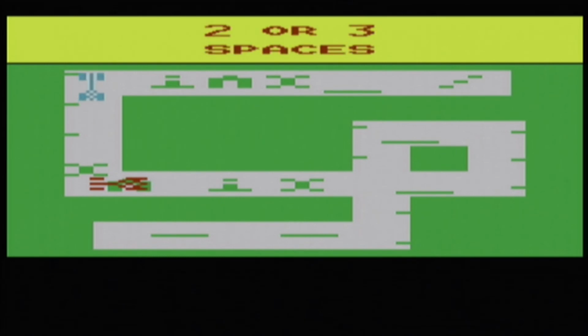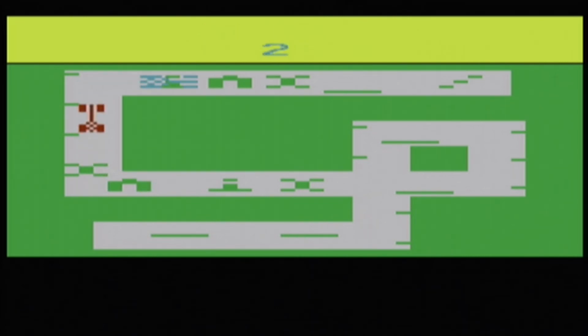And looks like he gets an extra turn. So, yeah, I need to go 3 spaces. So solve this problem. And 36 plus 15. Right answer, but he still goes a little far.